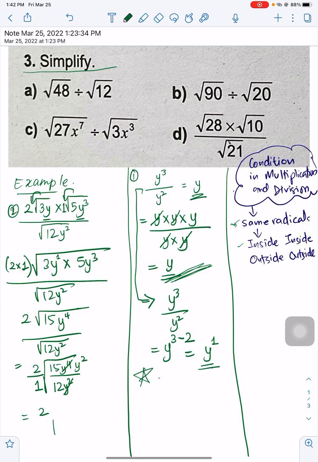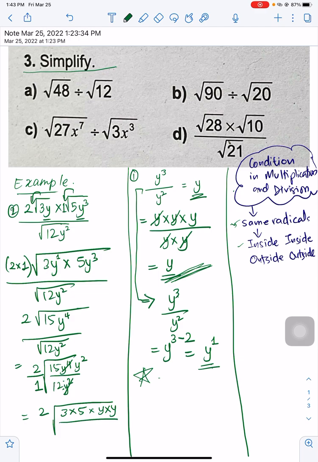Then I can also further simplify. Let me try to simplify the numbers here. In the numerator we have 3 times 5 is 15, right? Then you have y squared, which means y is multiplied twice.